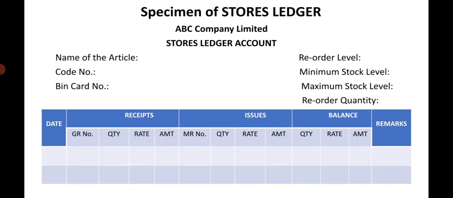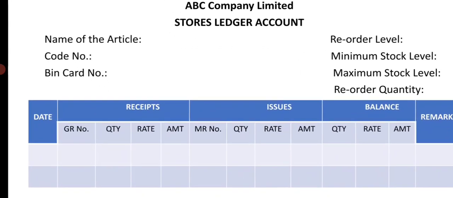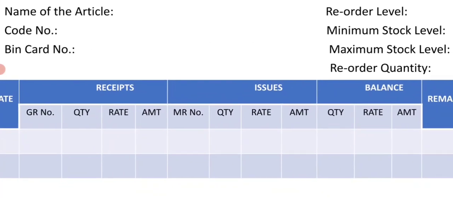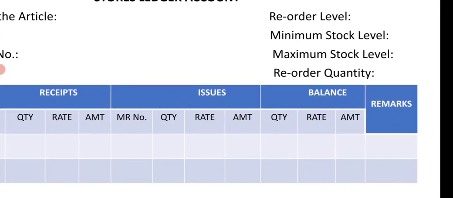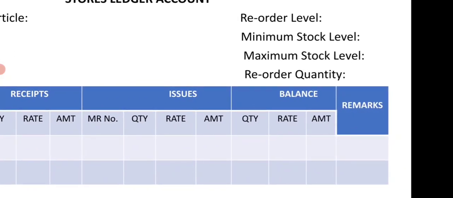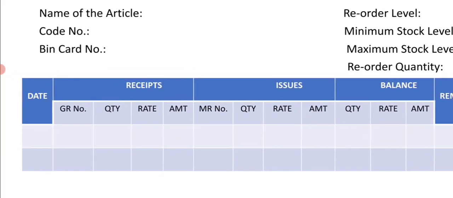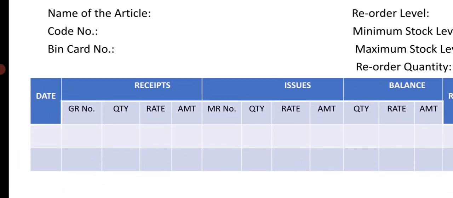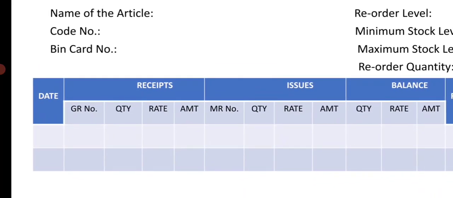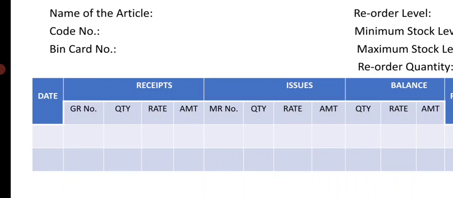Here also there are 5 main columns. First one is date, second one is receipts, third one is issue, fourth is balance and the last column is remarks. In the receipts column there are 4 sub columns, that is GR number, that is goods received note number, and next is the quantity column, next is the rate column, and amount column last.